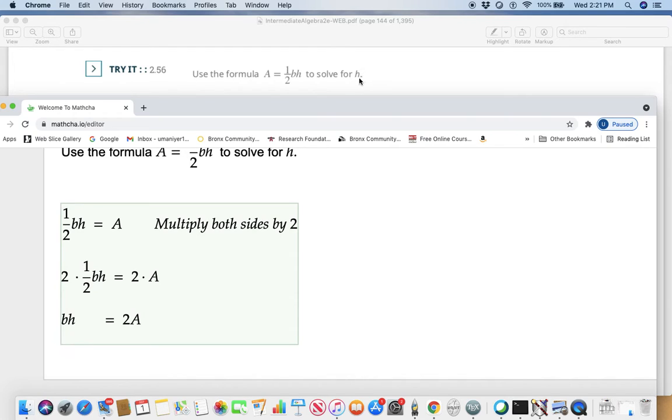The goal is to solve for H. I need to get rid of B. What is B doing? It's multiplying. So the opposite of multiplication is division.